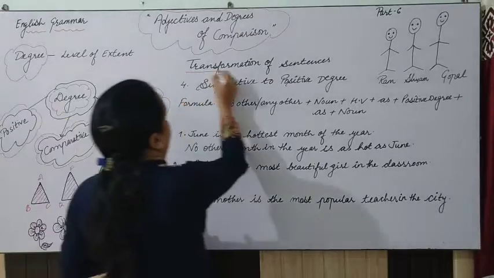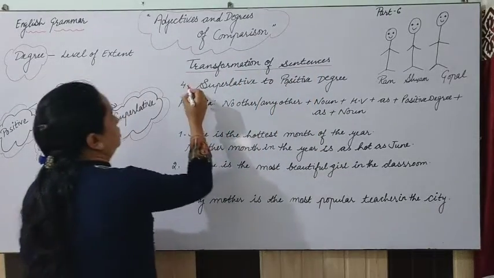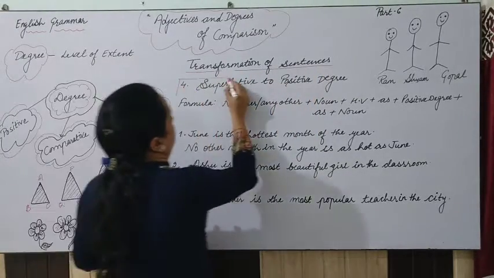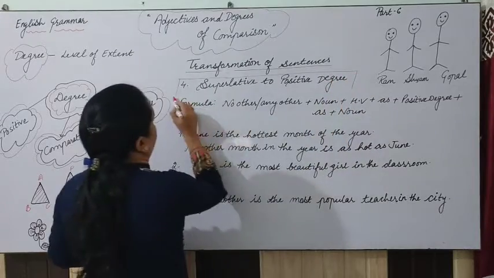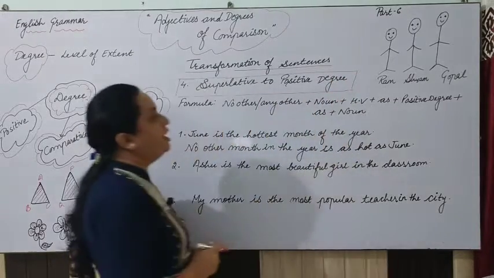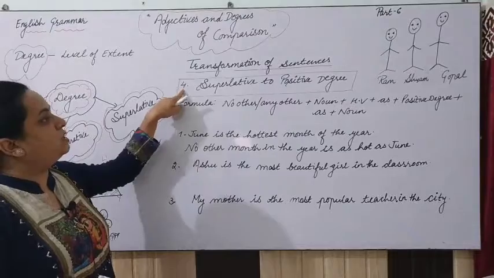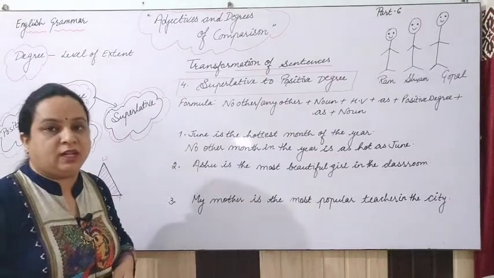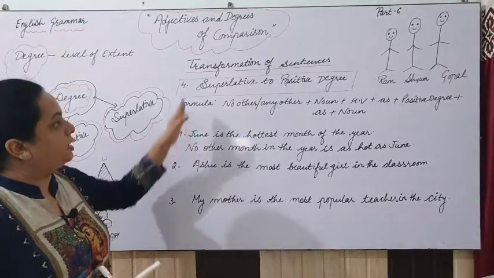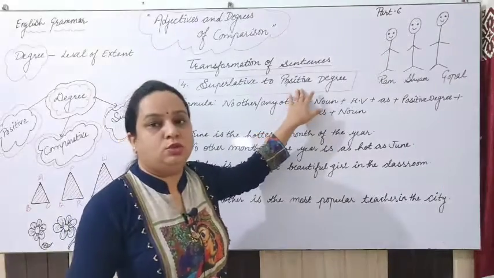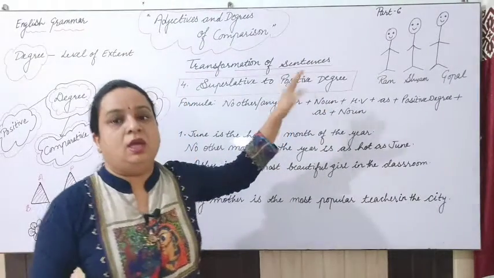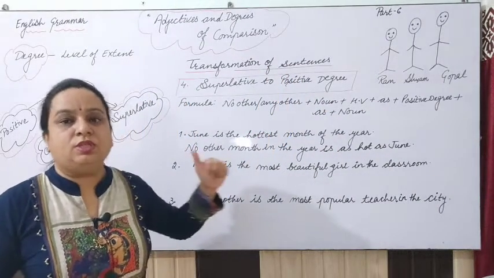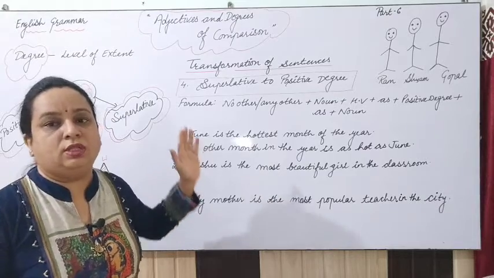As we are doing transformation of sentences, today we have to discuss superlative to positive degree, that is, how we change a sentence given in the superlative degree into the positive degree. We learned the first 3 formulas for this transformation.